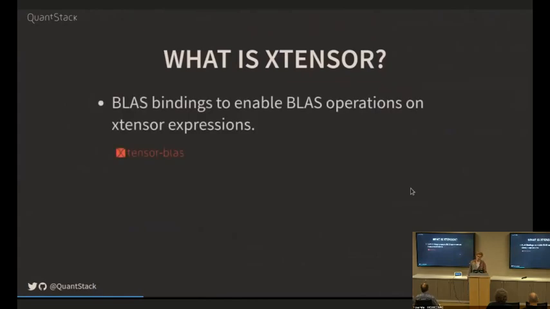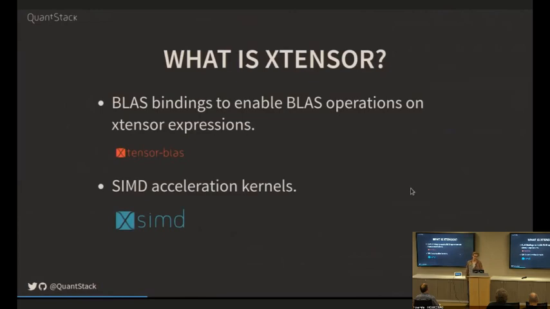So currently matrix multiplication and QR decomposition and all these fancy operations are implemented through BLAS and LAPACK in the Xtensor BLAS package. And we have SIMD acceleration kernels. And all of this is open source under a BSD license, which is the same license that NumPy uses, and which was very successful, I think, for a lot of these data science projects.